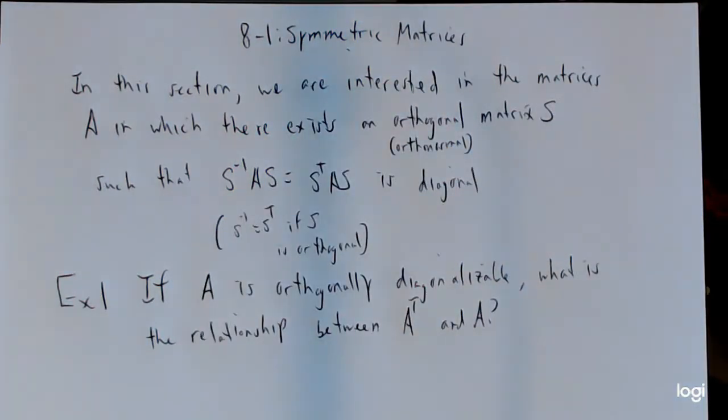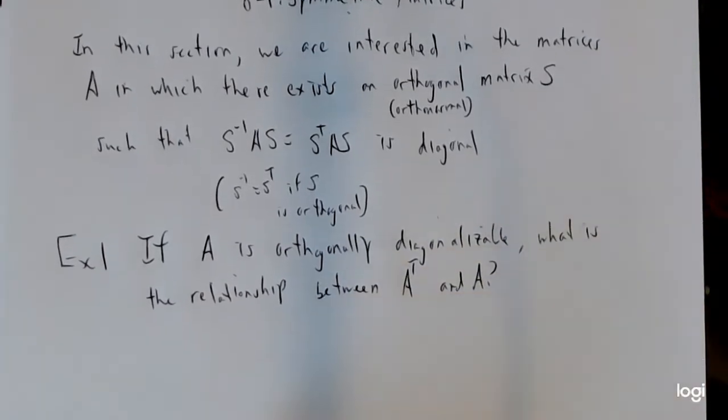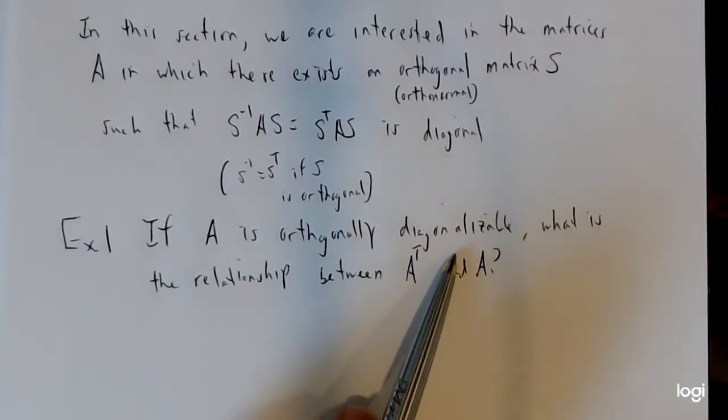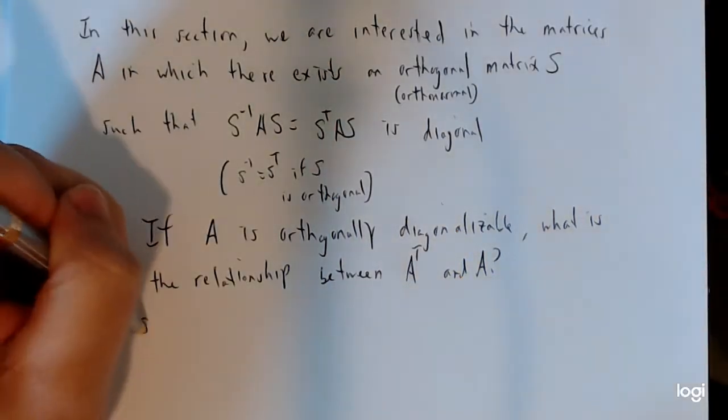Okay, so we're actually going to notice something really nice happens. So what is it that we know? We're assuming that A is orthogonally diagonalizable. Okay, so what does that mean? Let's go one step at a time.